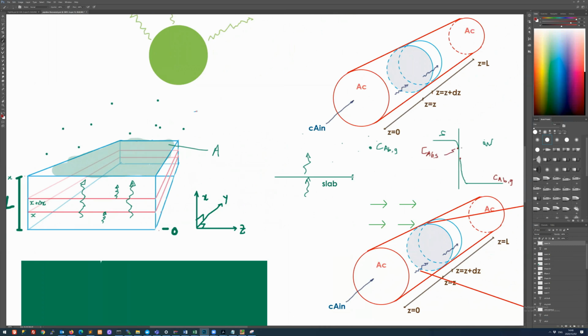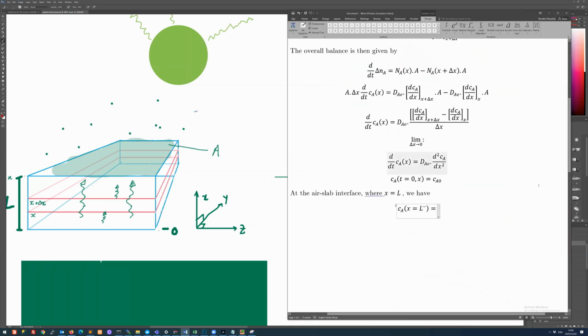Now we know there's an equilibrium relationship with the concentration in the gas here. That concentration must be at the equilibrium relationship with the concentration of A just in the gas.